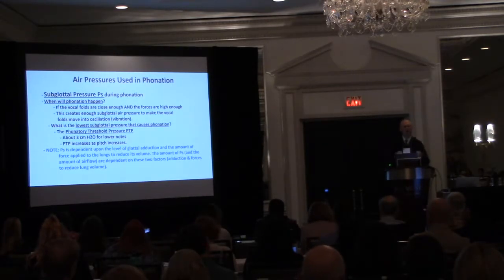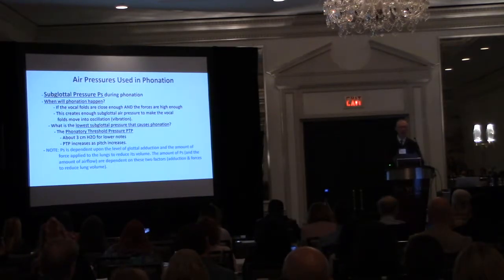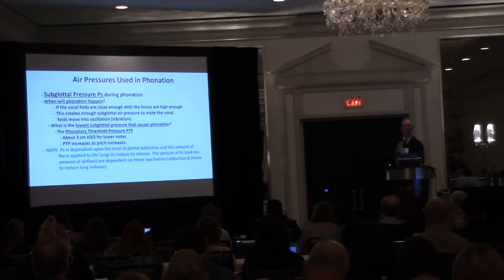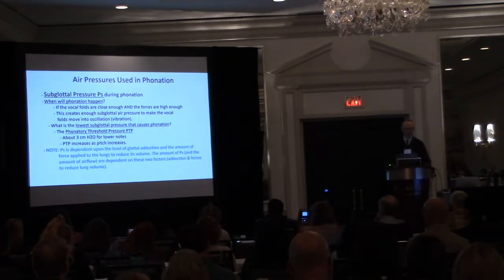That's called the phonation threshold pressure, and it's around 3 centimeters of water for the lower pitches. And then, as was said earlier, as you increase the pitch of the voice, the vocal folds elongate and become a little more tense. It takes a little bit more pressure to get them into motion and keep them in motion. So the phonation threshold pressure typically increases with the pitch of the voice.